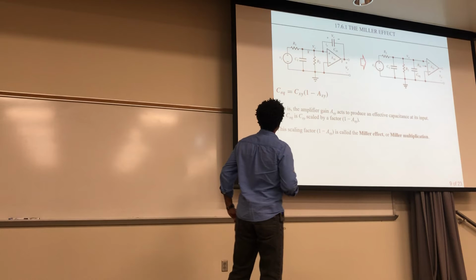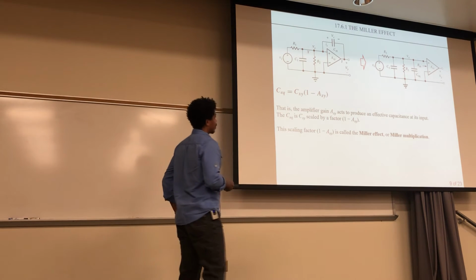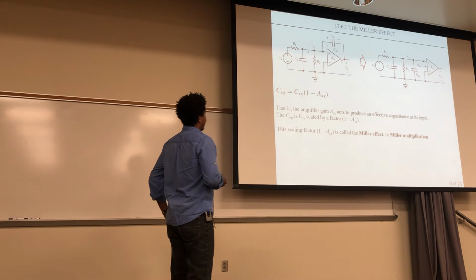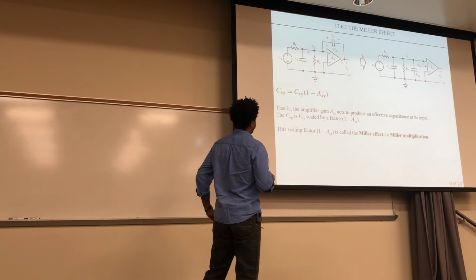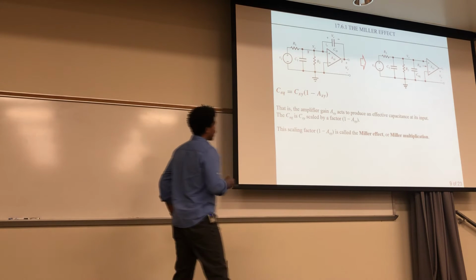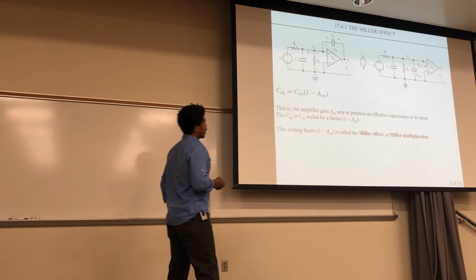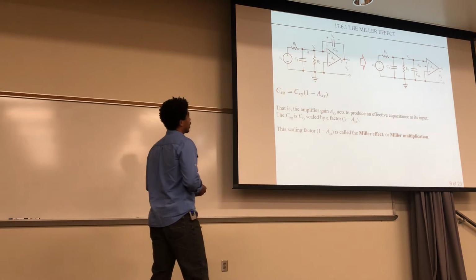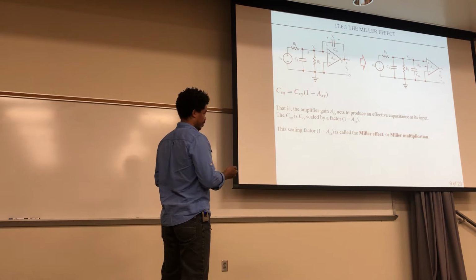Okay, so this amplifier gain, AXY, actually produces an effective capacitance at its input right here. And so this CXY is just scaled by this factor. And this scaling factor is what is called the Miller effect, or also called the Miller multiplication. Okay, it's this scaling factor right here that's being multiplied by the capacitor due to that.